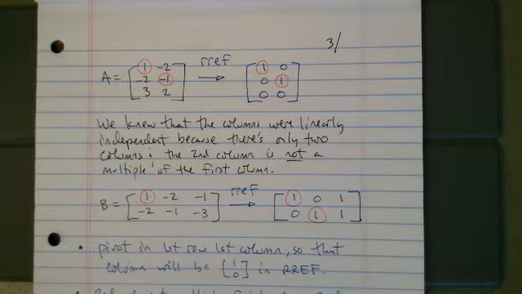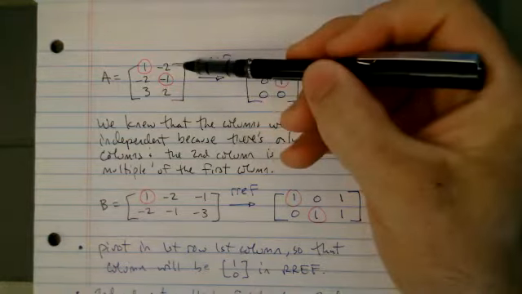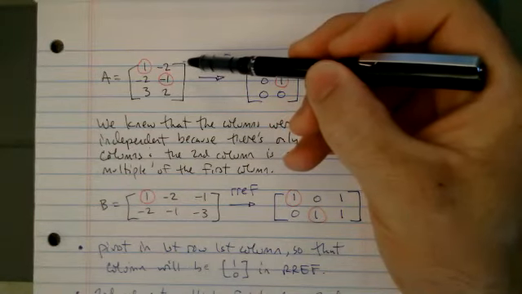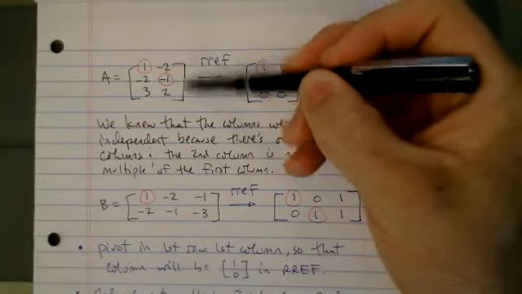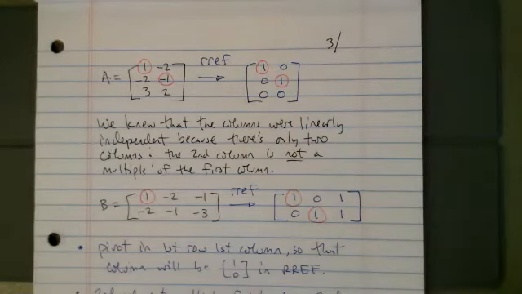Why is Ax equal b not consistent for all b in R3? What do we need for the matrix Ax equal b to be consistent for all b in R3? We don't have a pivot in each row.